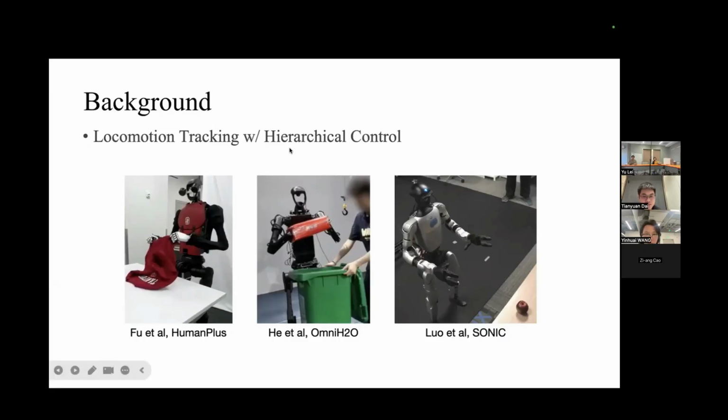So we can have a hierarchical control, using the BC controller to control the teleoperation model to indirectly control the humanoid robot. That is how Human Plus and Omni H2O do it. Sonic is similar: it uses a pre-trained VLA as an interface to control the teleoperation system.